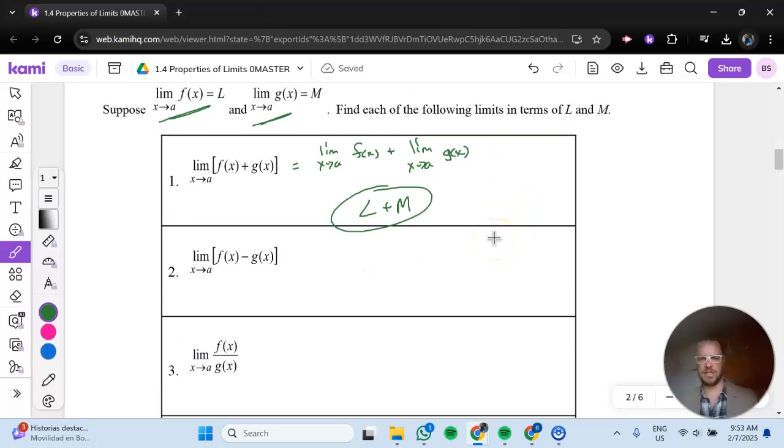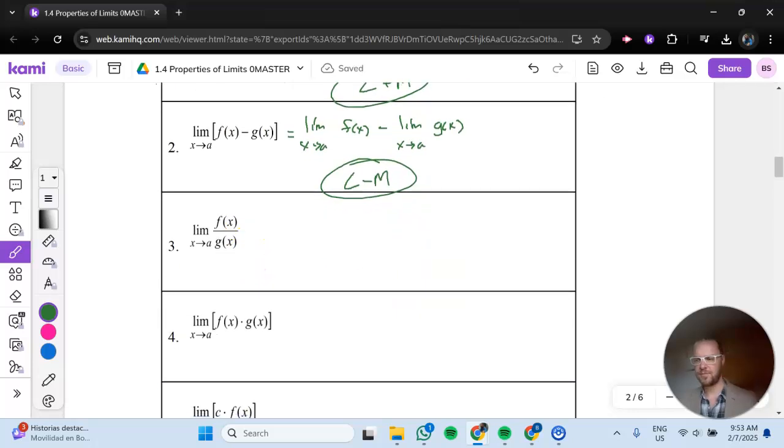Now, it works very much the same way when we're subtracting them. This is going to just be the limit as x approaches a of f of x minus the limit as x approaches a of g of x, or L minus m, once we actually take those limits. Now, when we end up with them divided, it's, again, exactly the same idea.